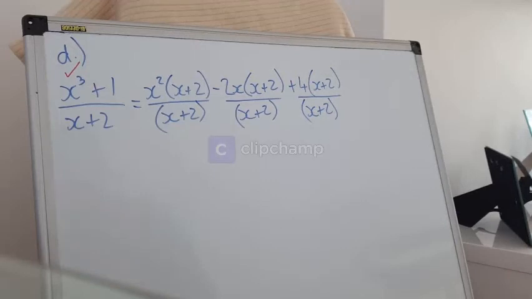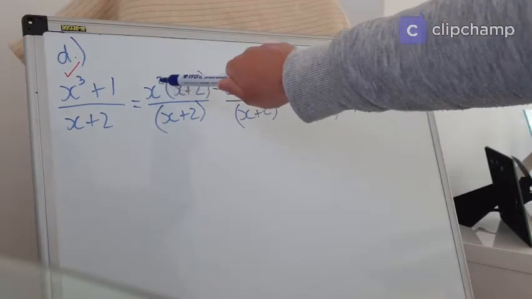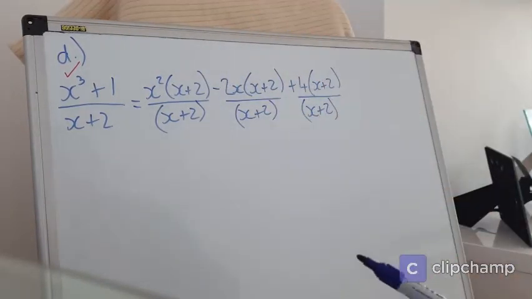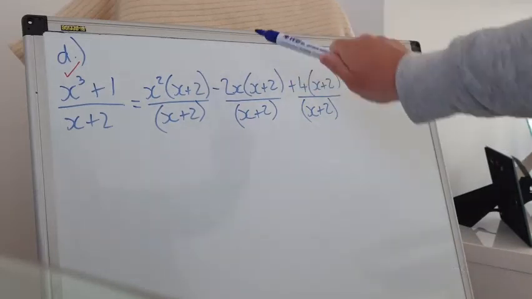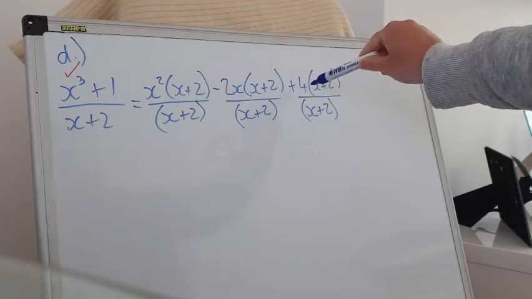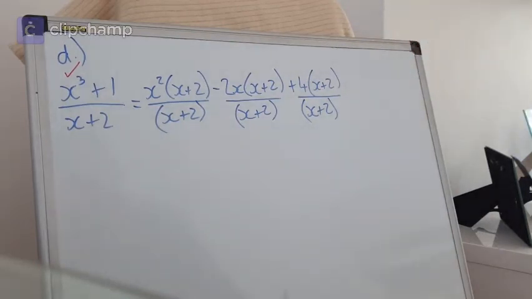So just to double check that I've dealt with all these terms, yes, I've got my x cubed, I've got a 2x squared, but I've now got rid of it by subtracting 2x squared. I had a minus 4x, I've now got rid of it by adding 4x. And my final leftover term is plus 8. Now I don't want plus 8, I want plus 1.